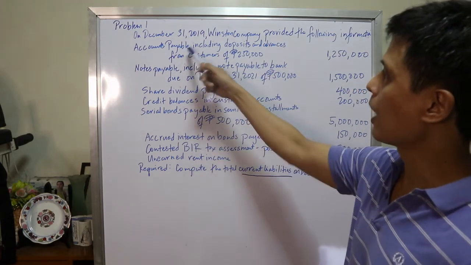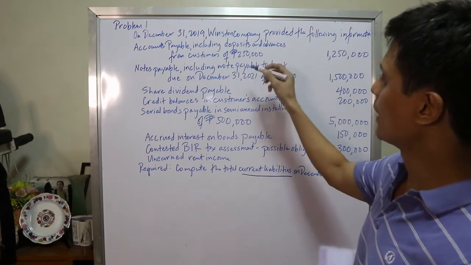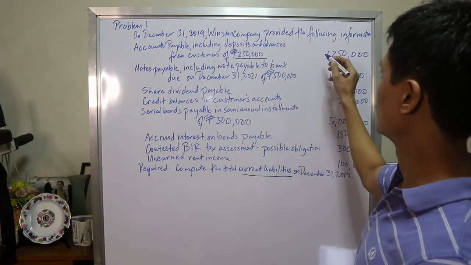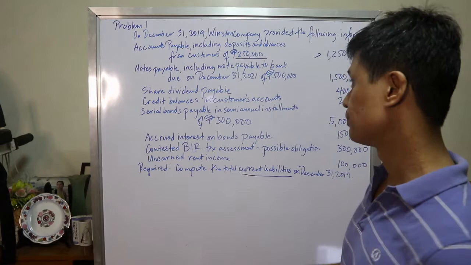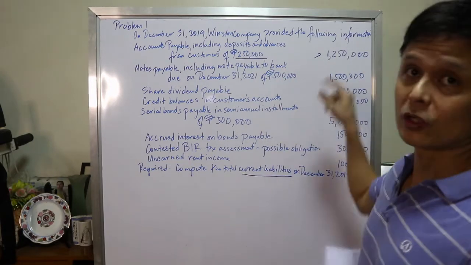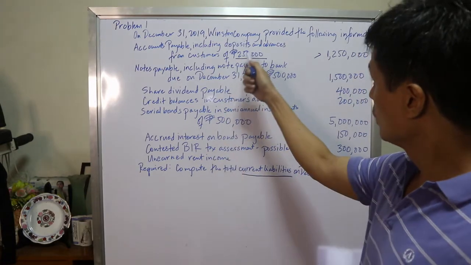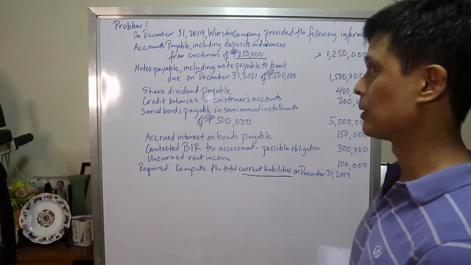Sabi rito, accounts payable including deposits and advances from customers of 250,000. So this is for 1,250,000. Now, itong amount na to na 1,250,000 kasama na diyan yung advances sa customers, which is not accounts payable.